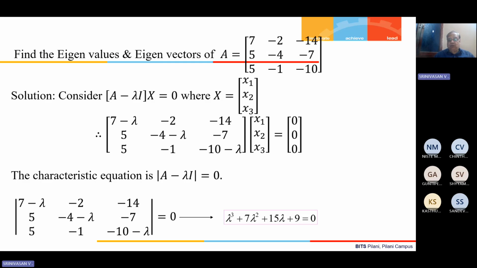When lambda equal to minus 1 is a solution, lambda plus 1 is a factor, isn't it? You know very well. So divide this left-hand side expression by lambda plus 1.